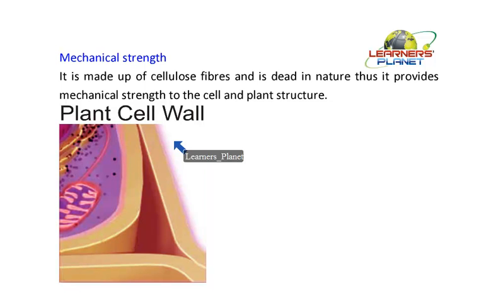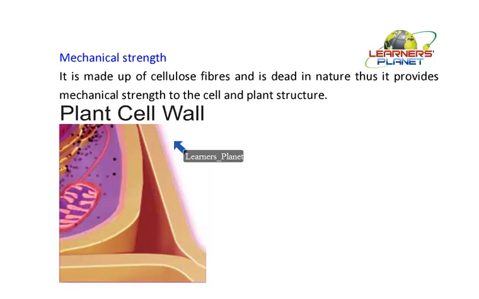Then these many microfibrils are bound to each other with the help of other material like pectin and hemicellulose. Those function as a gluing material, so this glue will stick these materials together.